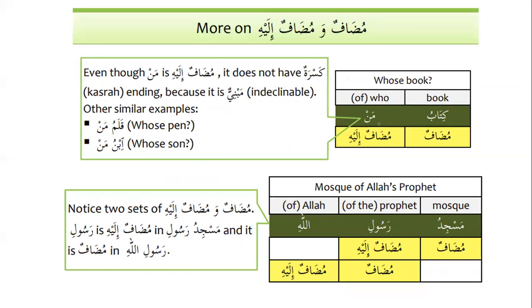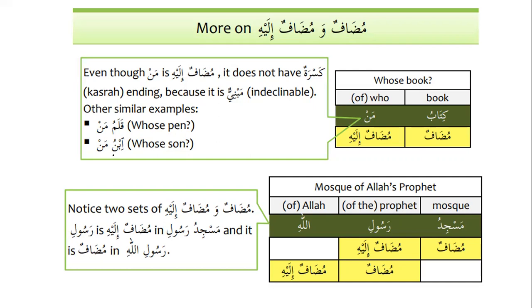Now, mudaf ilayh, if you remember yesterday, we have seen that hada, like ismul ishara, can also be mudaf ilayh. Similarly, man, which is ismul istifham, can also be mudaf ilayh. Alladhi, which is ismul mawsul, can also be mudaf ilayh. Sirat alladhina. If you remember when we analyzed Surah Al-Fatiha, we said that Sirata is mudaf and Alladhina is mudaf ilayh. Because now we are learning advanced, we can see that when we say Kitabu man, Kitab will be mudaf and man will be mudaf ilayh.